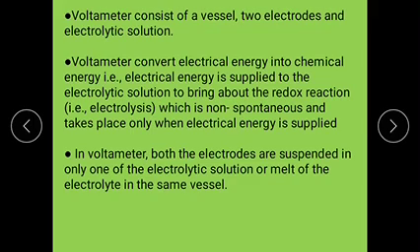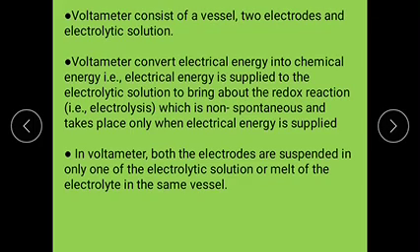This voltameter or electrolytic cell consists of a vessel, two electrodes and electrolytic solution. The voltameter converts electrical energy into chemical energy.